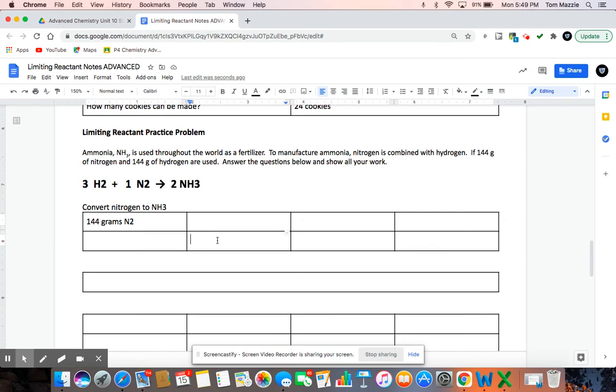Now, hopefully at this point, you guys know how to calculate molar mass. So we have 2 nitrogens. 2 times 14.01 is 28.02 grams of nitrogen, and we are going to convert to 1 mole of nitrogen.